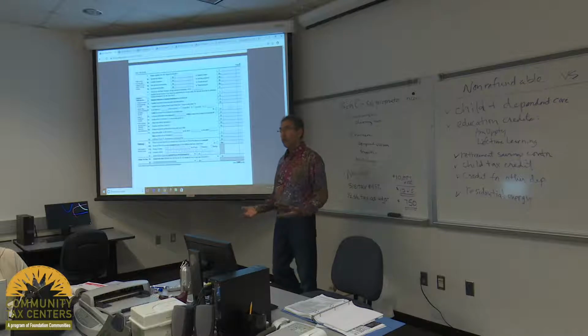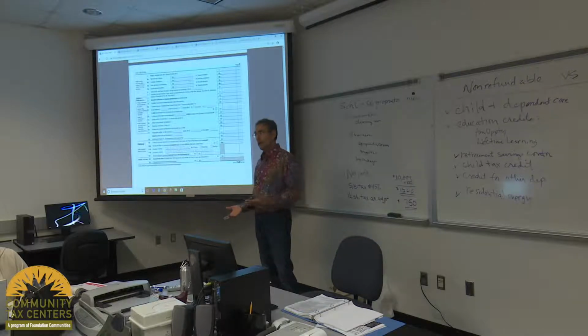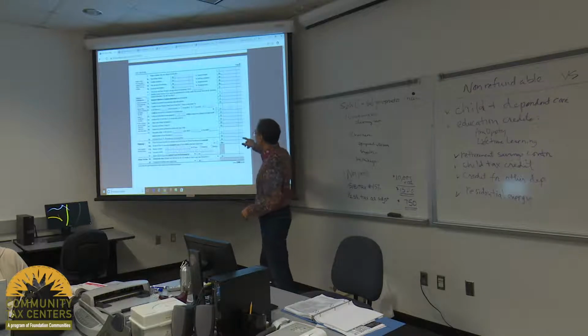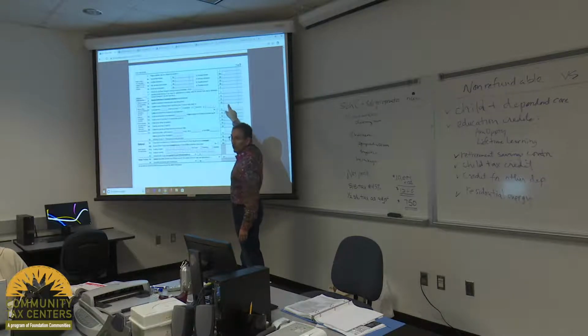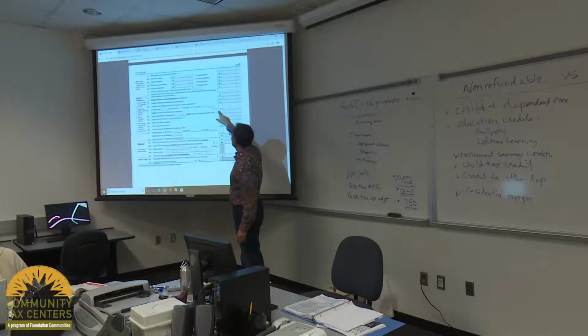It may or may not help somebody because it's non-refundable. So again, back to this. If you get to this point right here and taxable income is 0, or line 11, even line 11, you can go on to line 11.